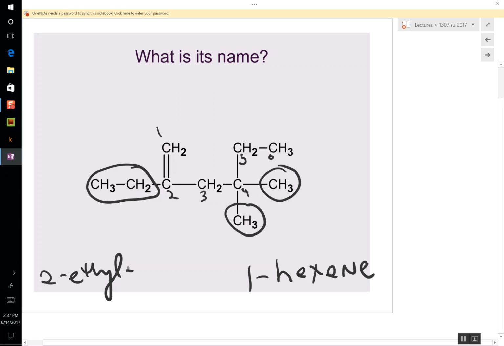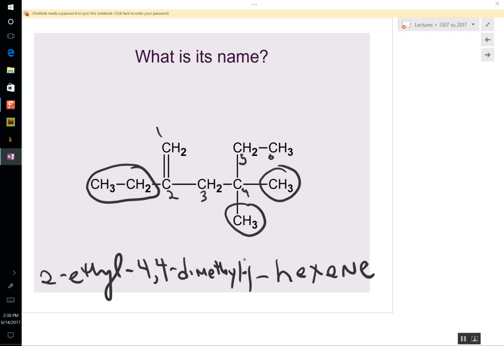And then what do we have on carbon number 4? Okay, so we're going to have 4,4-dimethyl. Now you can see why we need these, and I'm sorry I can't write as beautifully with this pen as I might on a sheet of paper.